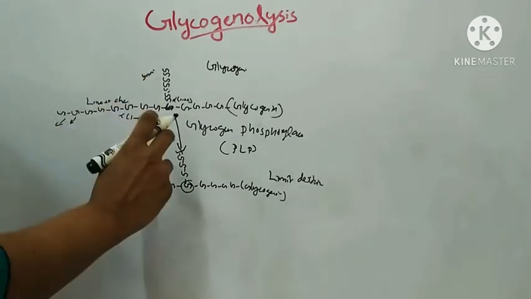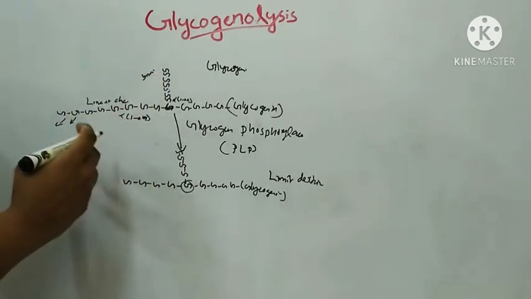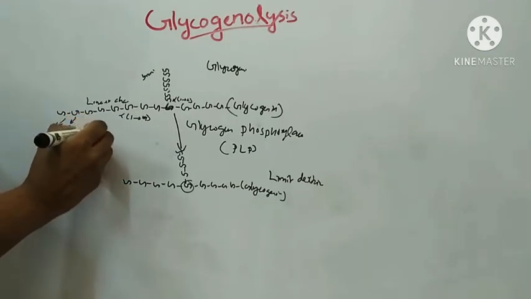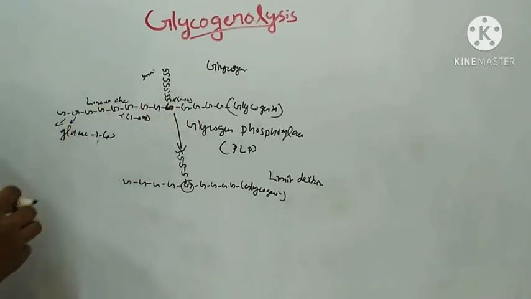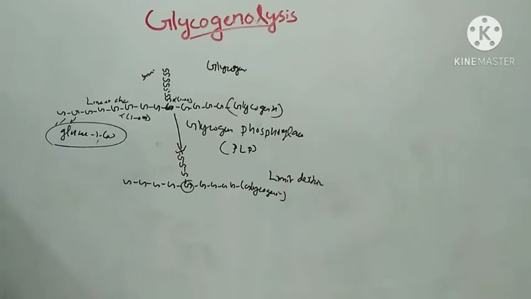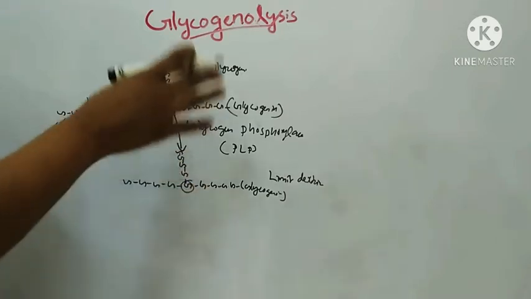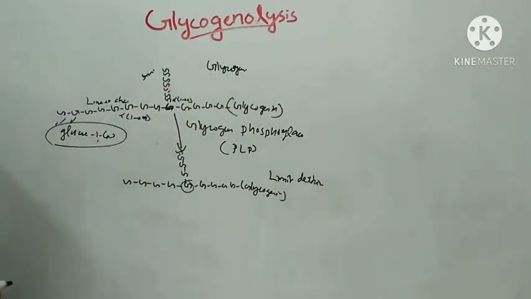By the action of phosphorylase, glucose is liberated as glucose 1-phosphate, not as free glucose.